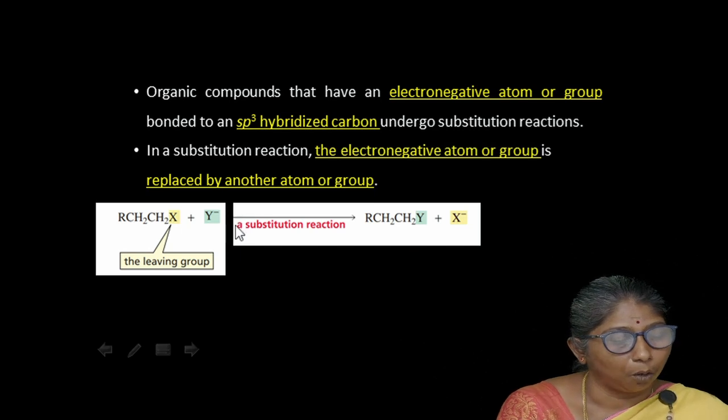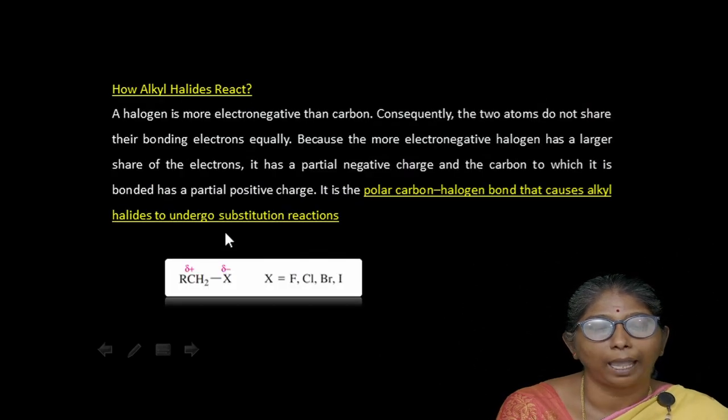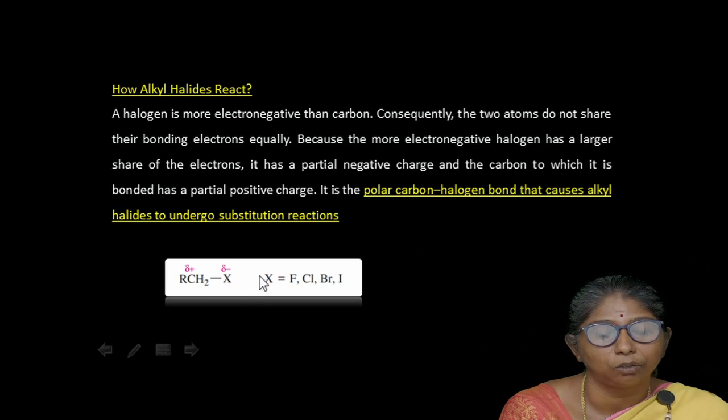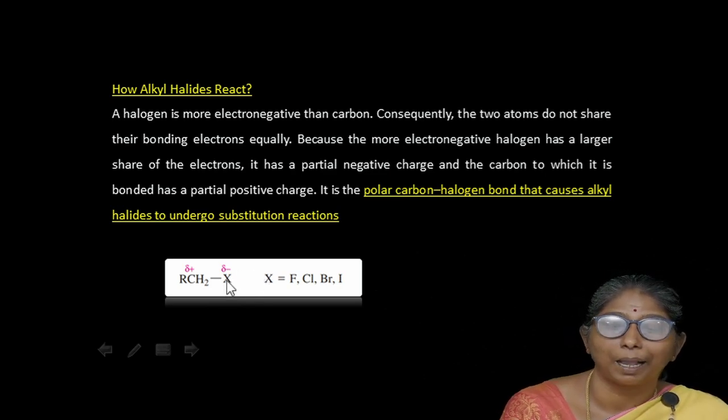Now in this case we have seen only the halogens, the organohalide compounds. Why do alkyl halides in particular undergo substitution reactions? The reason is that the halogen has a partial negative charge and the carbon has a partial positive charge.